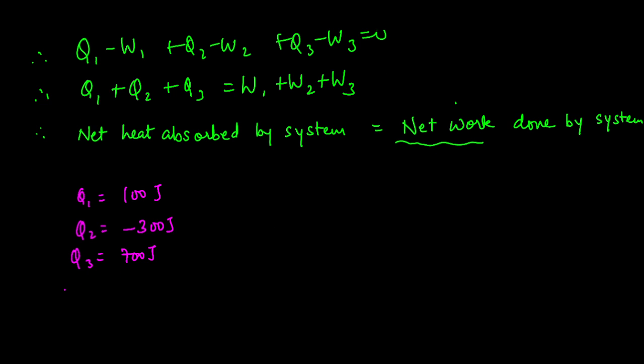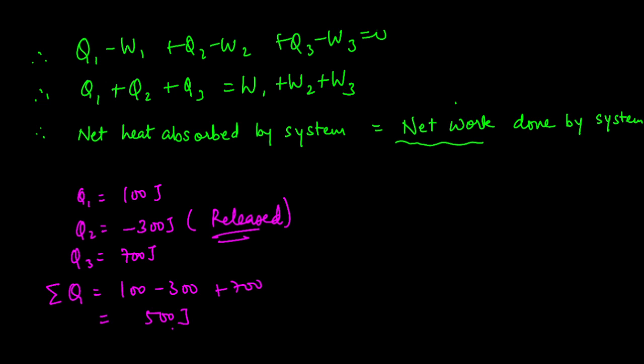Okay, then the total heat absorbed in the whole cycle will be as 100 minus 300 plus 700. I hope you understand that this is meaning that heat is released. Is that okay? So finally you would get 500 joule. Clear? એનો મતલબ net heat absorbed is 500 joule.